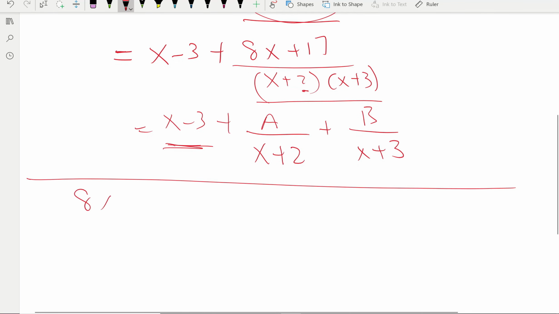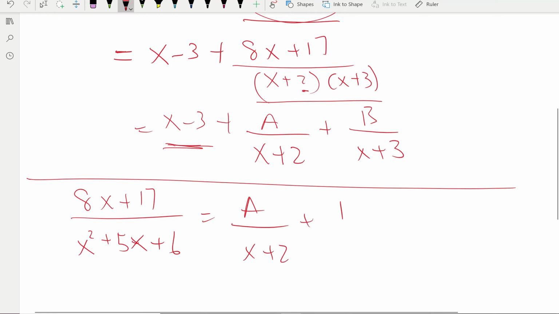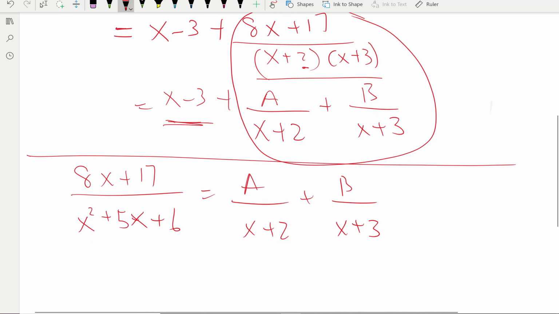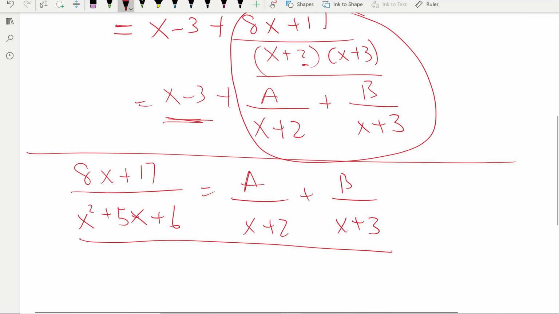What you did is decompose 8x plus 17 divided by x squared plus 5x plus 6 into A over x plus 2 plus B over x plus 3, right? That's what you did. Right here we did a small decomposition for that part, so you can just use that part. You don't need to deal with x minus 3 on the left hand side. Just use this small part to figure out A and B. So let's do that.